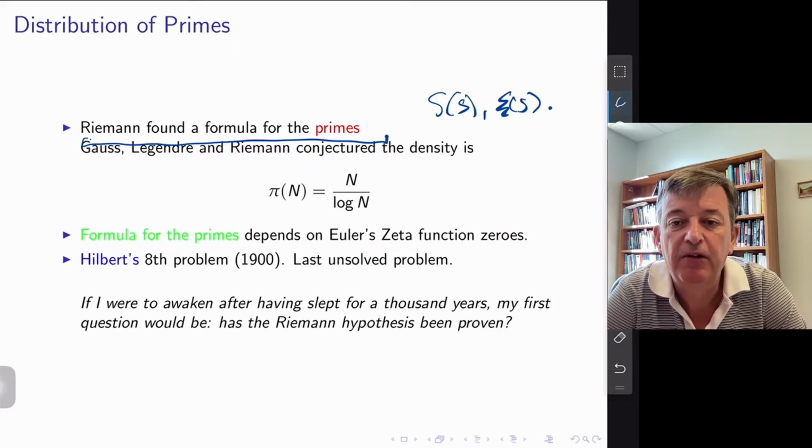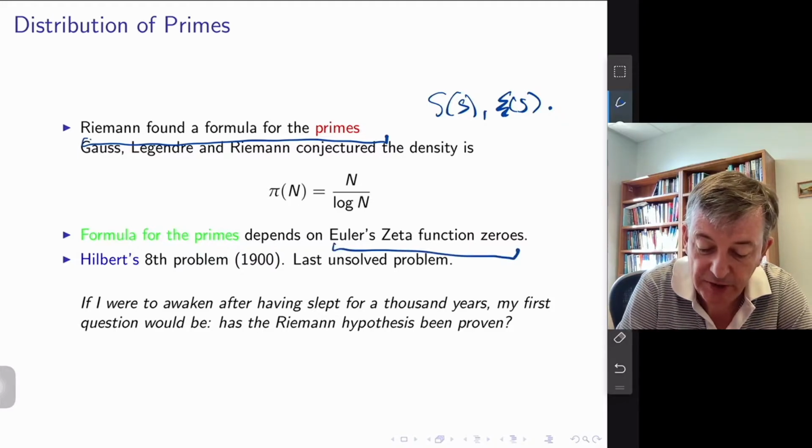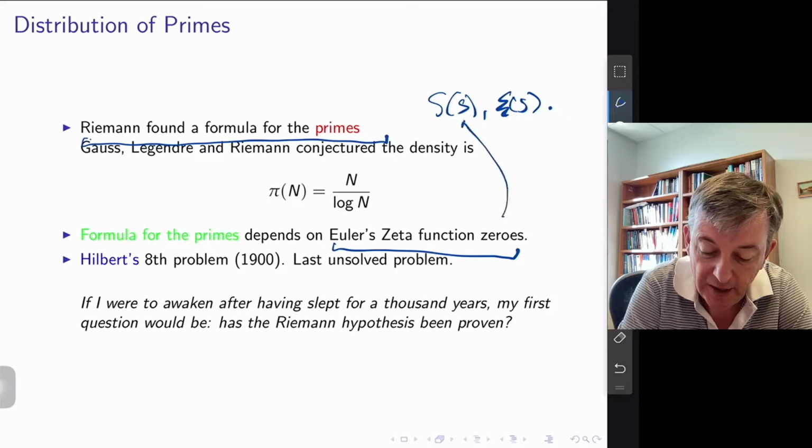Well, if you can characterize the zeros of these functions, essentially Riemann in his classic paper in 1859 found a formula for the primes. A lot of people like Gauss, Legendre, and Riemann wanted to understand the density of the primes. The formula for the primes depends on Euler's zeta function sitting up here.